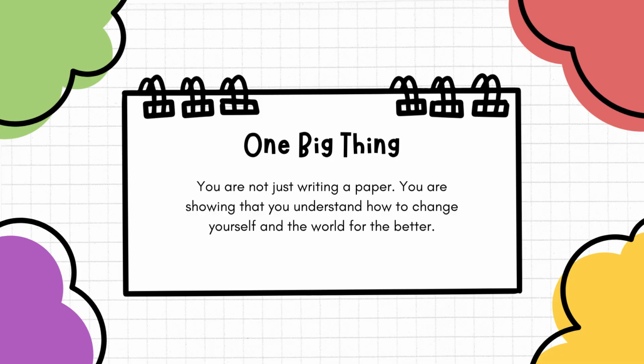So the one big thing I want you to take away from this module is remember for this project, you're not just writing a paper. You are showing that you understand how to change yourself and the world for the better. So you're doing that by putting to work the knowledge that you've gained through the course so far, and you're applying it to whatever example you chose that's meaningful to you or interesting to you.